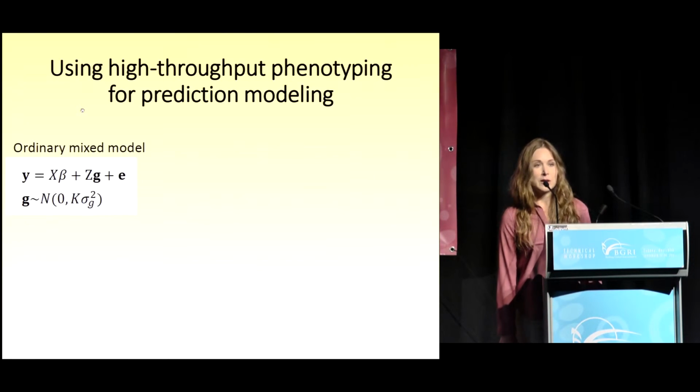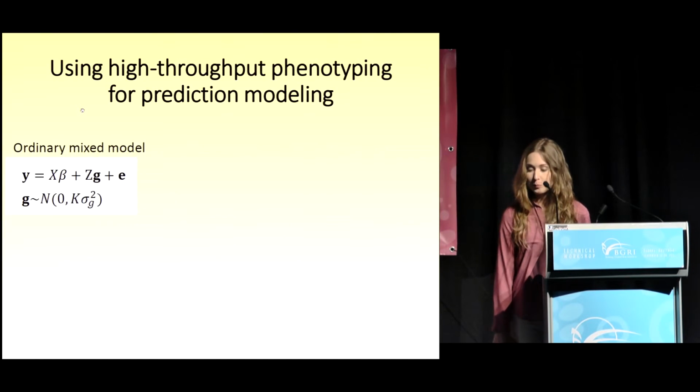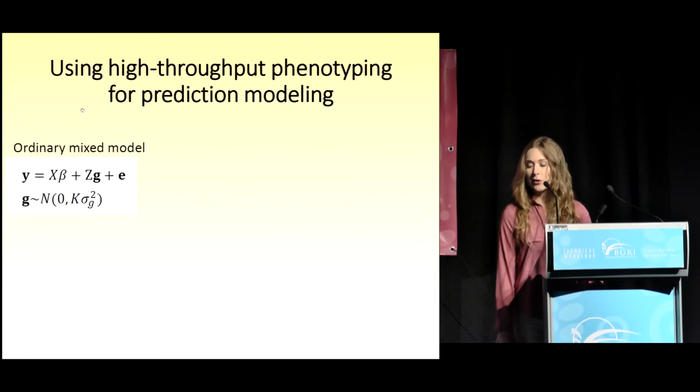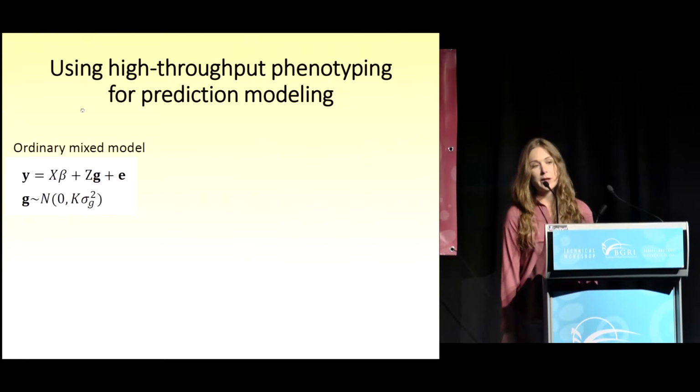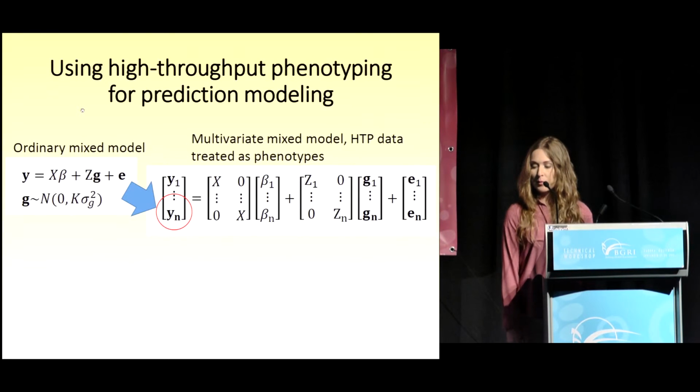So just to give you a little bit more information about the prediction models, in GS we have an ordinary kind of mixed model where the phenotype is Y. The first term is fixed effects, and the second term are random effects for the genotypes. And then we use a relationship matrix, K, to model the covariance among the genotypes. In the multivariate version of this, we just simply add more phenotypes.